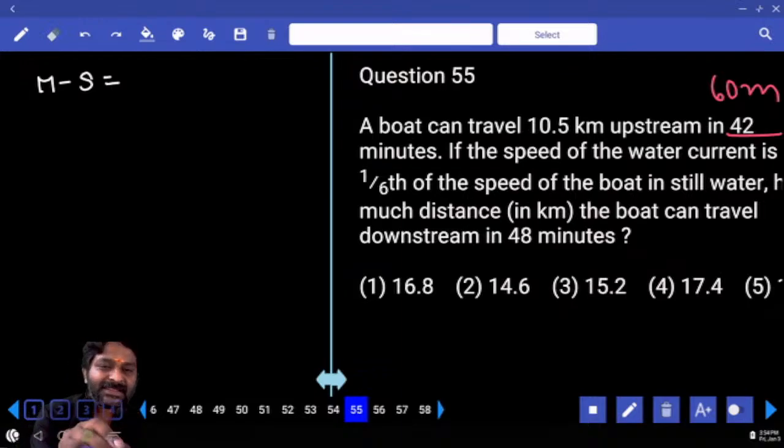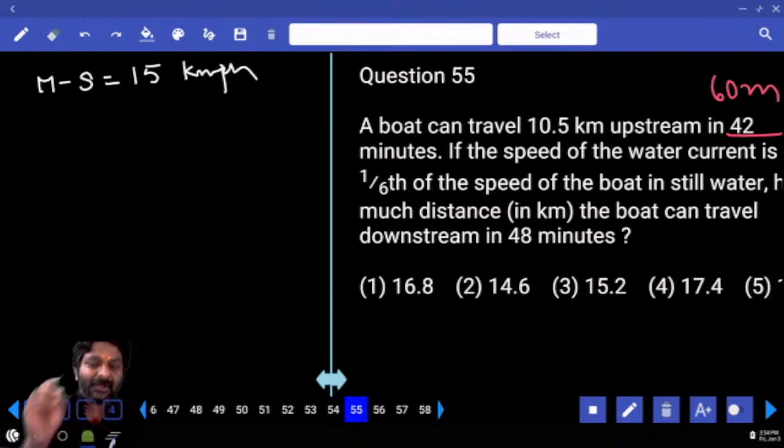So M minus S is equal to 15 kilometers per hour. This is the upstream speed. Clear?